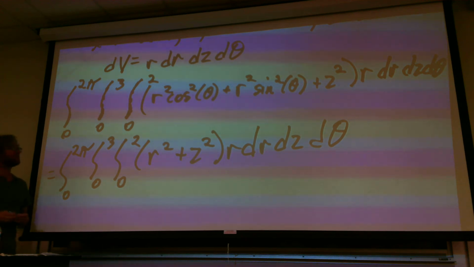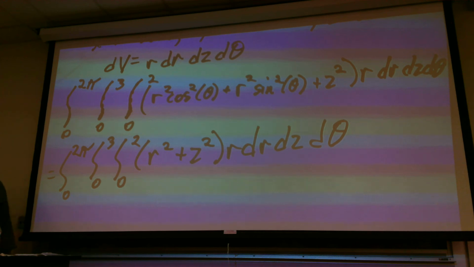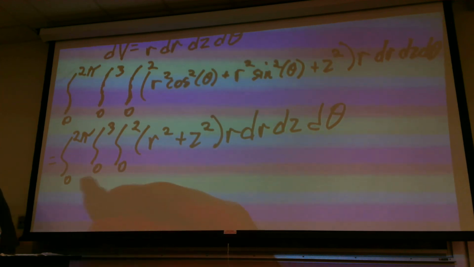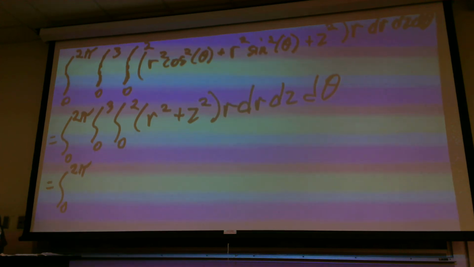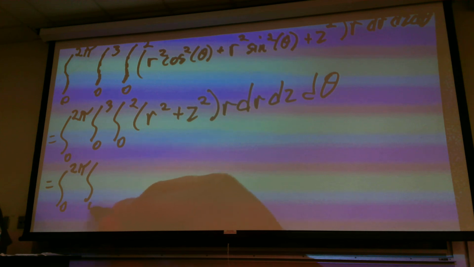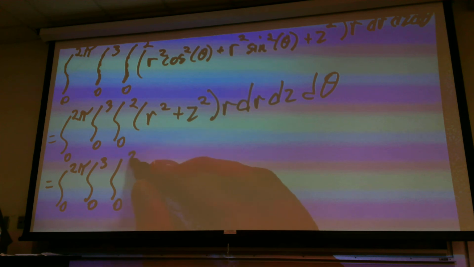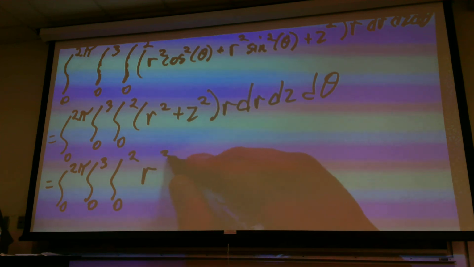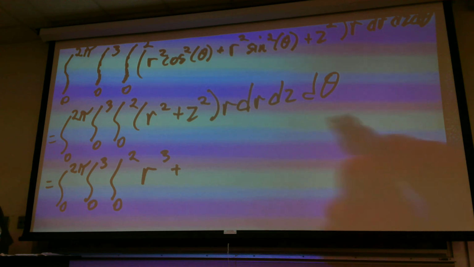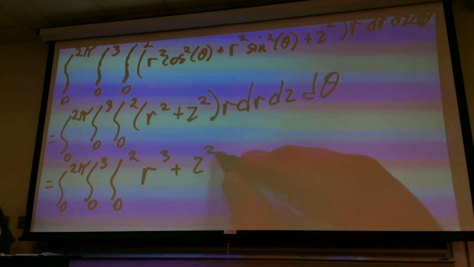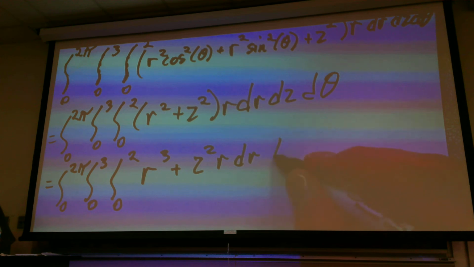Okay, let's go ahead and distribute the extra r inside there, and we can integrate. So that becomes the integral from 0 to 2 pi, the integral from 0 to 3, the integral from 0 to 2, of now r cubed plus z squared times r, dr dz d theta.